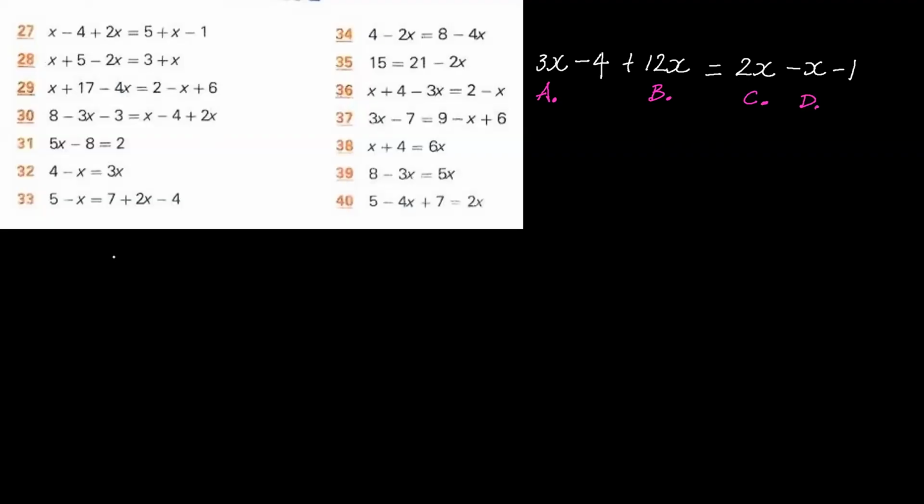Now, there's a number here, first number. There's a number here, second number. So we have 4 terms, A, B, C, D. So I want you to simplify the terms.